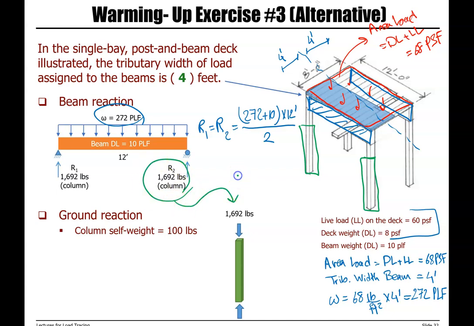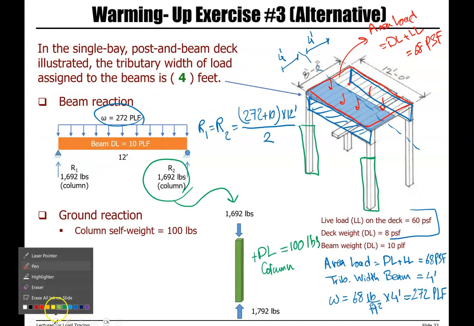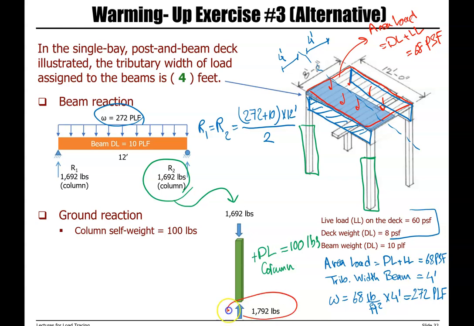This is the load transferred to the column. Now we need to look at dead load of column, which is 100 pounds. So the total ground reaction is 1792 pounds.